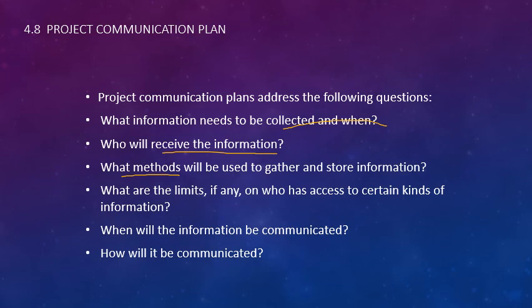So there may be projects you're doing where the information is confidential and you're doing it for an outside party and they tell you who's involved and who's not, and maybe people have conflicting viewpoints on what's going on, so you're keeping certain information safe and protected from those things. When will information be communicated? So how often, again, what day of the week, and how will it be communicated, following again those methods.